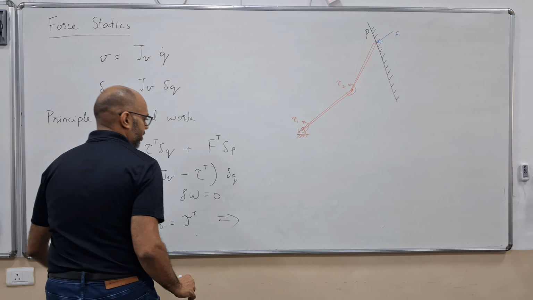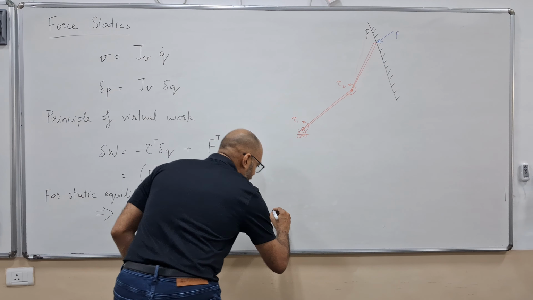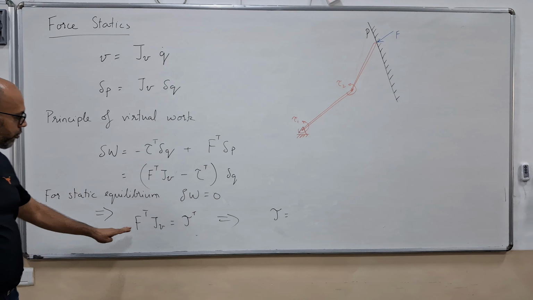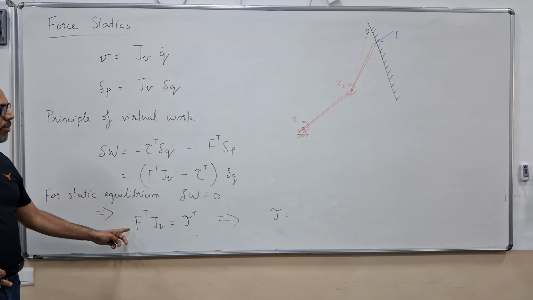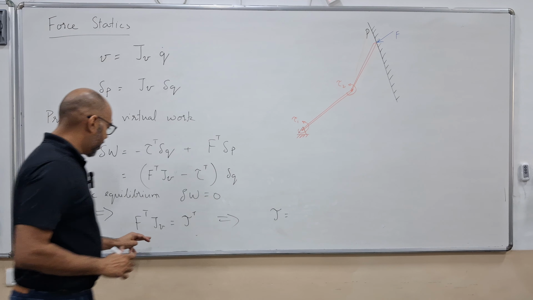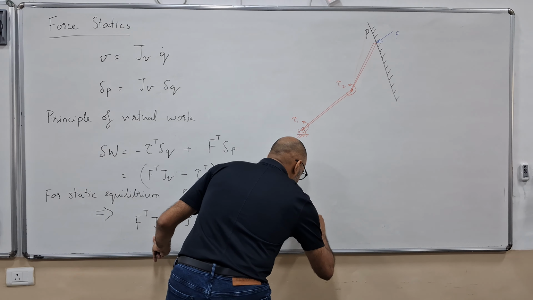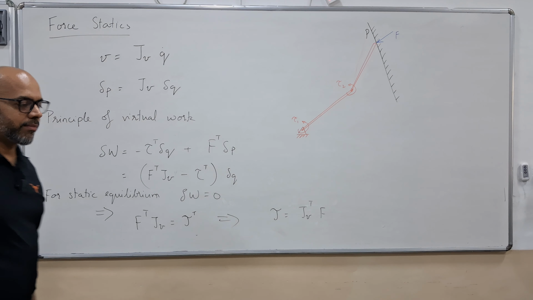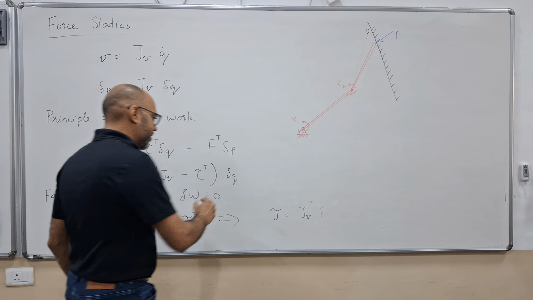Or in other words, if I take the transpose of the whole equation, the joint torques that I need to apply in order for the robot to apply a force F on the environment would be Jv transpose times F. That's it. It's as simple as this.